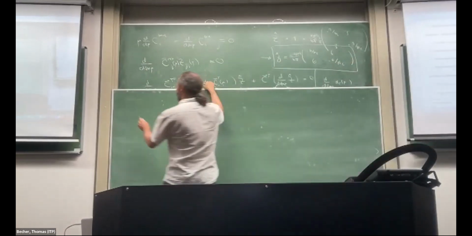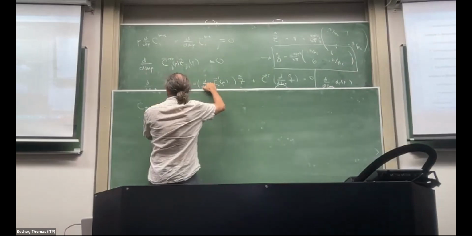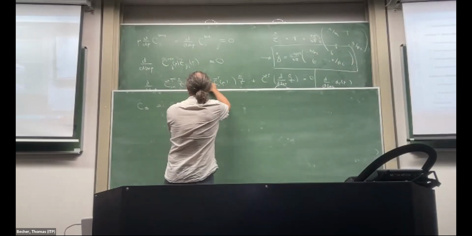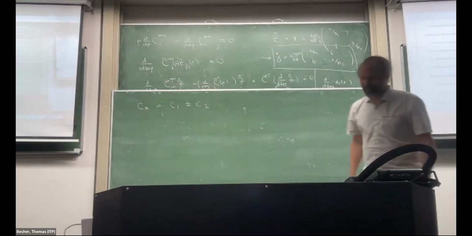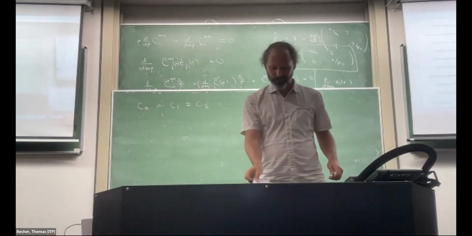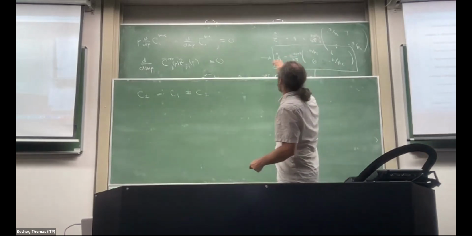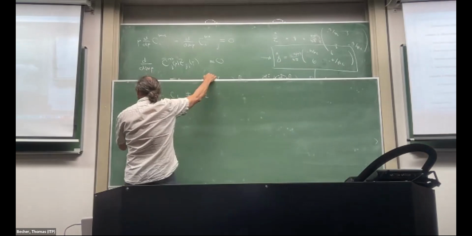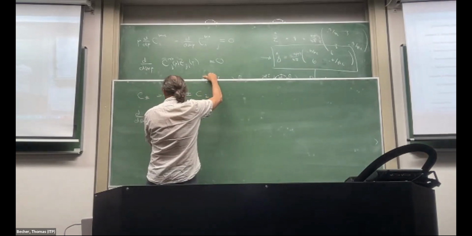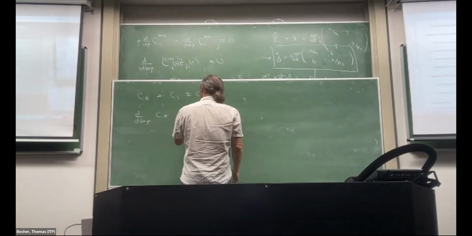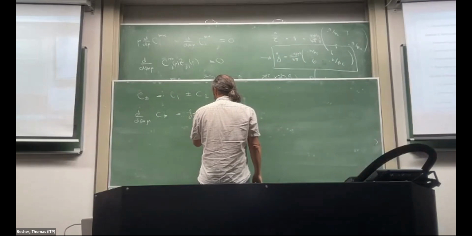It's definitely C plus and C minus, which is C1 plus or minus C2, that are eigenvectors. And so if you go to the C plus minus basis, then you just get two decoupled equations: d C plus minus over d log mu is equal to gamma plus minus C plus minus.